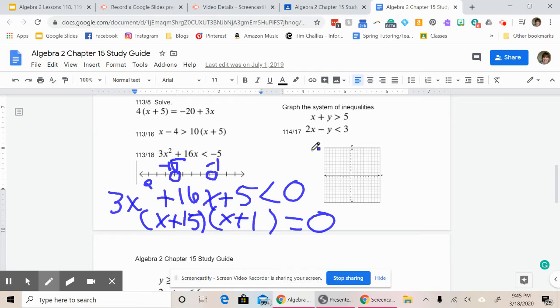So it would be x, oh, and we're shading in between. So this is an and inequality. It would be something like this. -15 less than x less than -1.